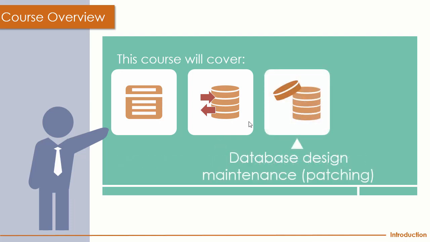And the database design is not a one-shot activity. You need to keep updating and maintaining your database, adding new columns, new entities, or new relationships based on the new requirements you need in the future. So we'll cover how to maintain the database design, including how to patch your current version database to the new design.